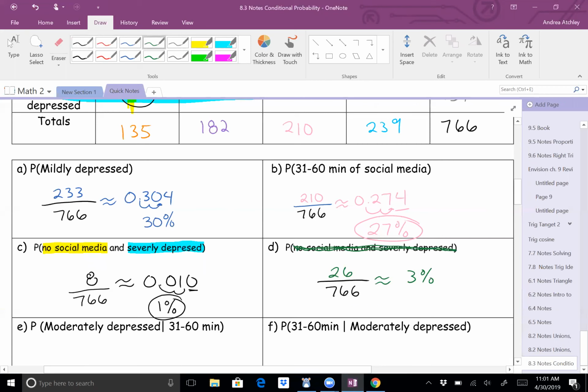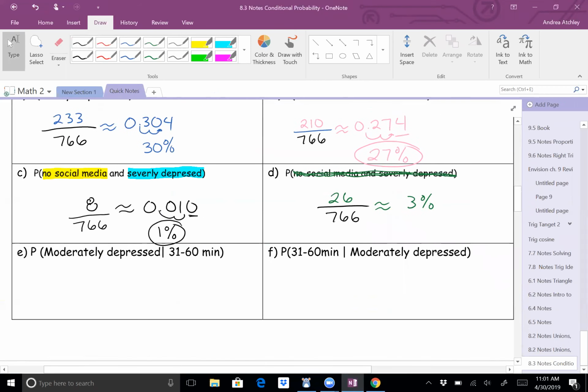Next one is moderately depressed, given that 31 to 60 minutes. So this second thing, I'm only looking at these people. Remember, the given that, or the conditional probability, means I'm narrowing it down to a smaller group of people. So I'm no longer looking at all 766 people.